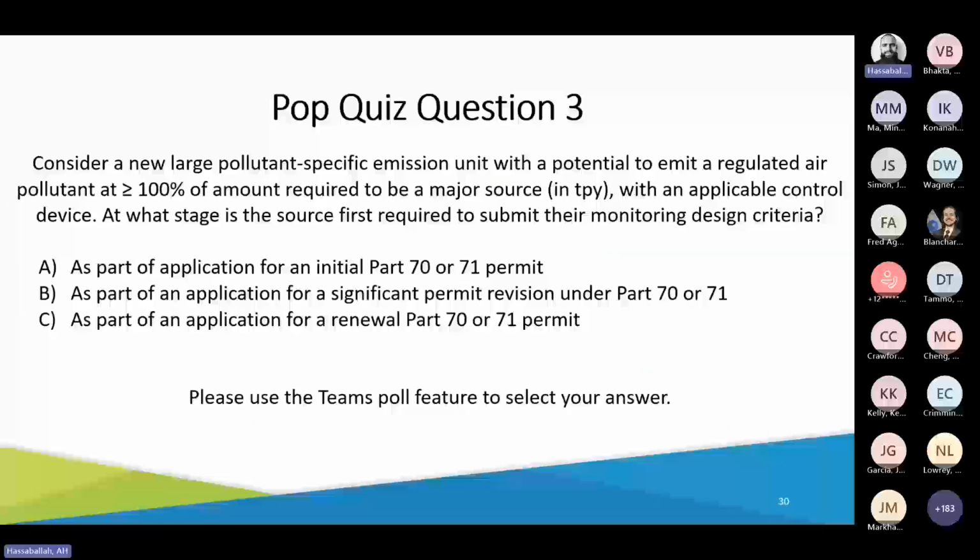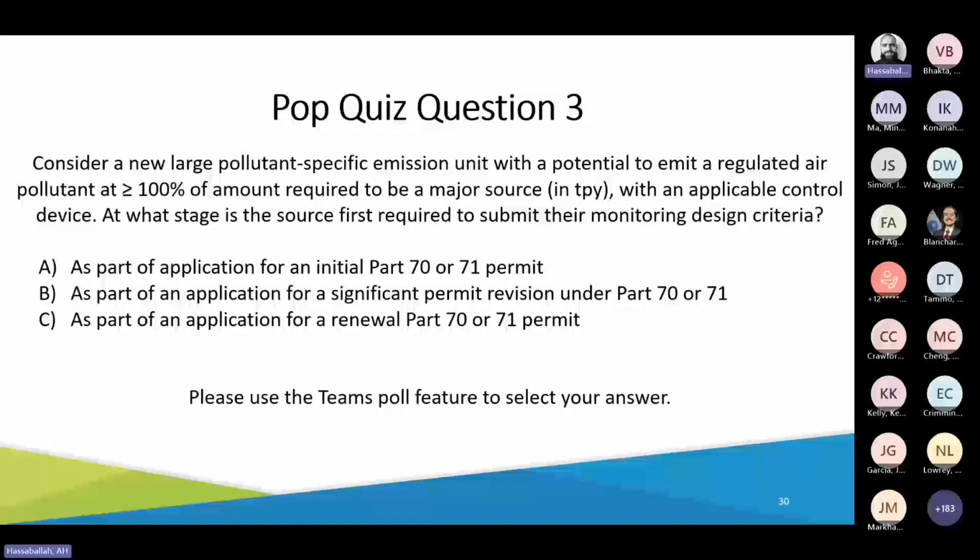Just a quick recap. We'll launch another pop quiz question. It should be in your chat. It says, consider a new large pollutant-specific emission unit with a potential to emit a regulated air pollutant at or greater than 100% of the amount required to be a major source with an applicable control device.